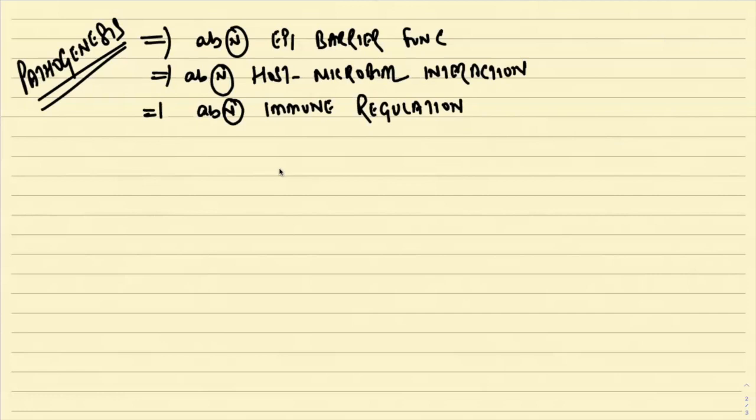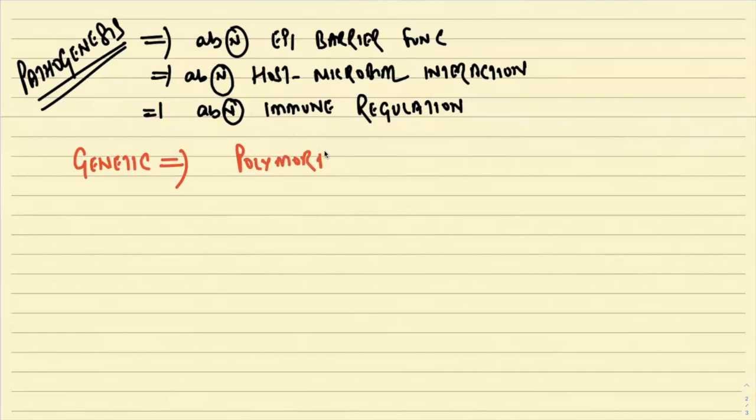A very important thing to understand is that there is a particular gene called the NOD gene. As I told you in the definition, this kind of disorder develops in a genetically predisposed individual. So what are the genetic changes?